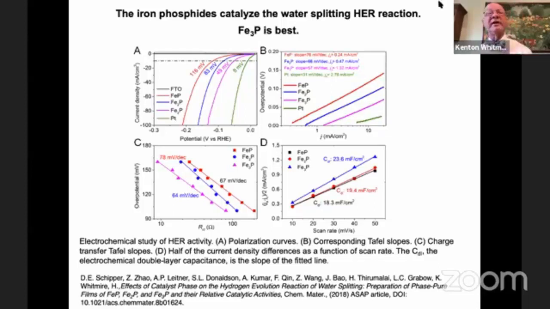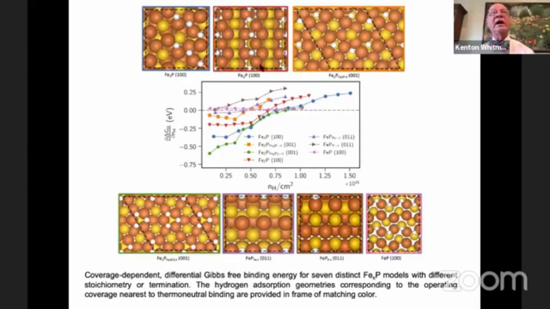Theoretically, collaborators we have at the University of Houston examined the adsorption of hydrogen to the surfaces of these particular materials from a variety of different surfaces that you could look at. And what happens, and we think this is important here, is this particular face of this particular phase for Fe3P is that the hydrogen will bind to 3 iron atoms.